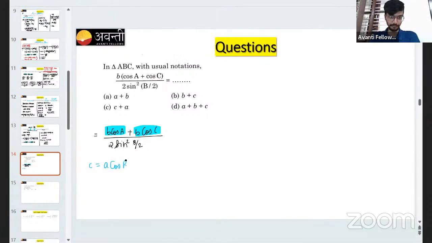C is A cos B plus B cos A. So from here I can write B cos A as C minus A cos B. Correct?